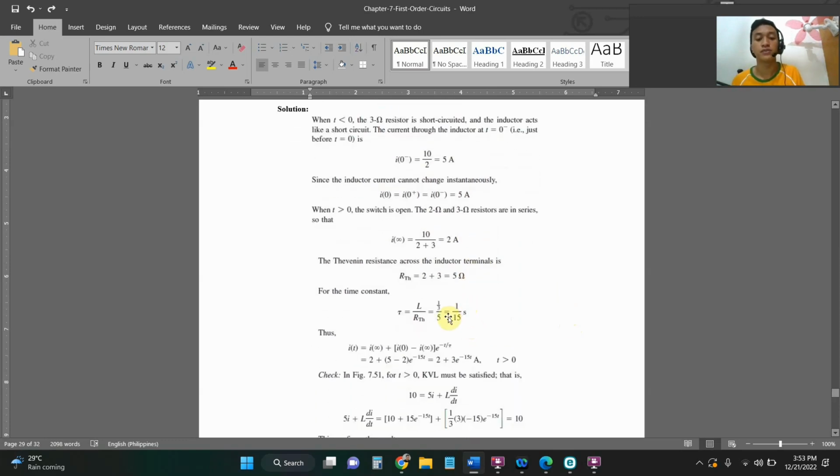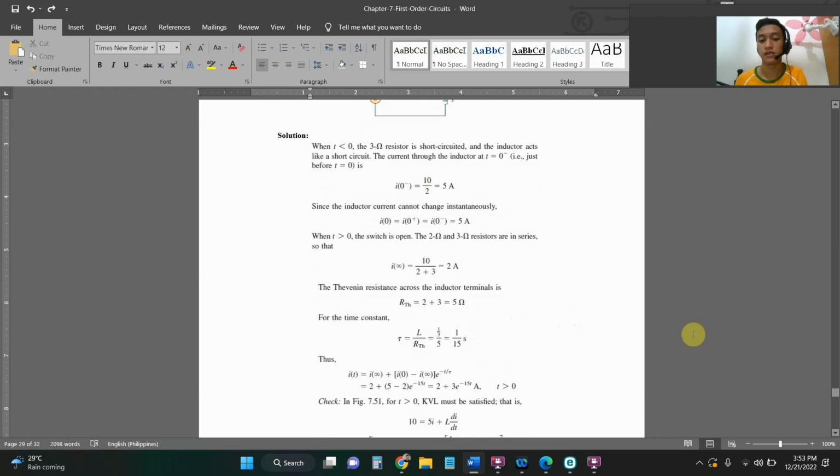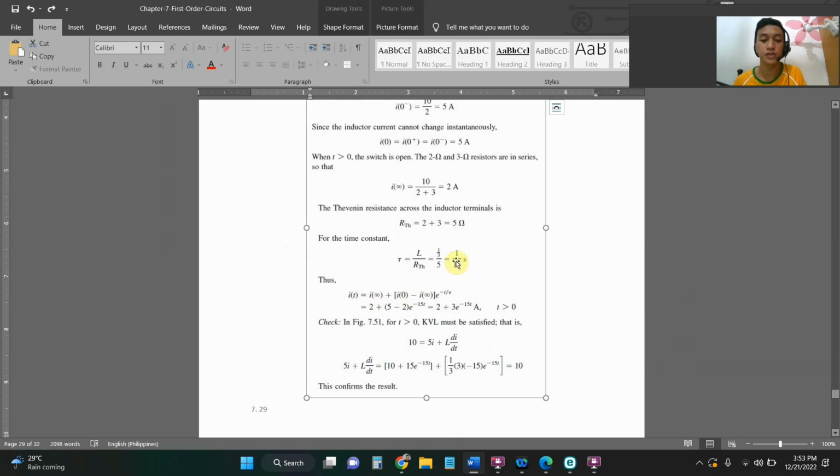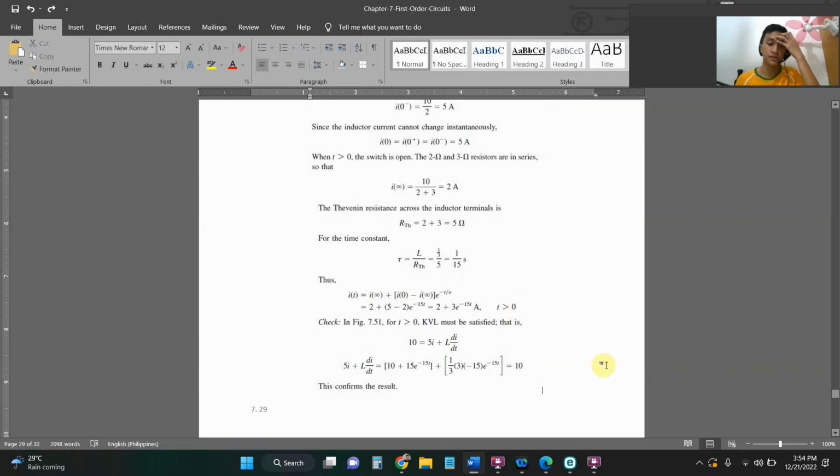The time constant tau again is L over R, but we are using the Thevenin resistance of 5 and the inductor of 1/3. If we divide that, we get 1/15 seconds. So using this formula, we simply substitute the givens for t greater than 0.